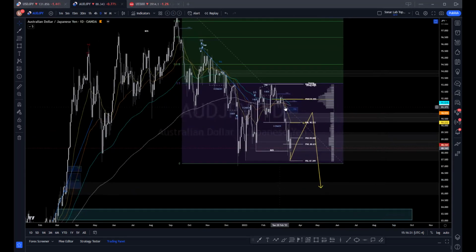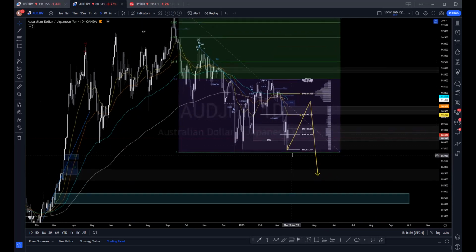Nice little small fair value gap here. There's nothing wrong with coming back up, getting that little fair value gap, and then coming back down. All right, so order block, a little uptrend and then come back down.